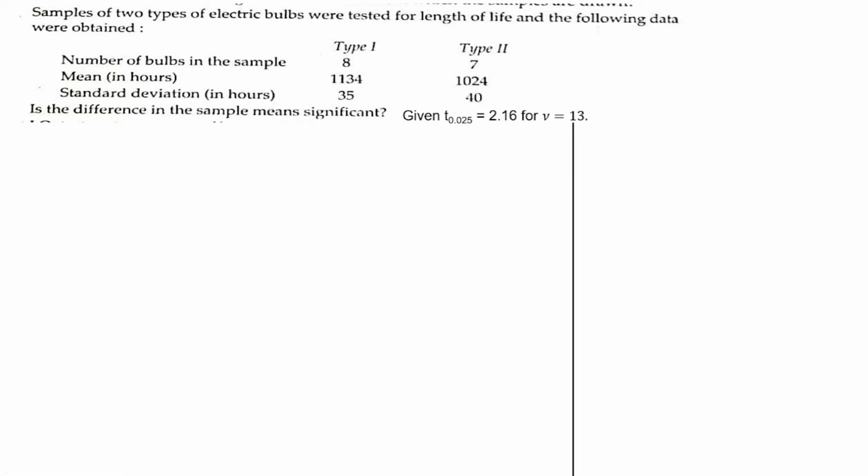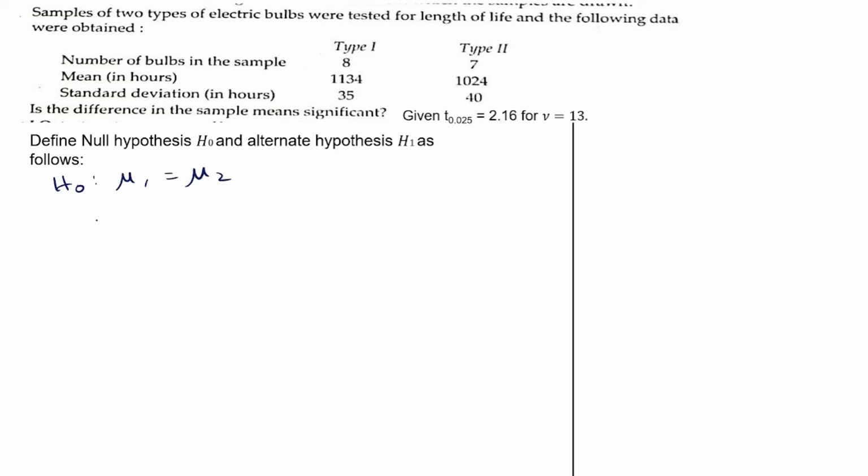So here we have to test whether the sample means are significant. Let us define the null hypothesis H0 and alternate hypothesis H1 as follows. H0 is mu1 equal to mu2, that is, there is no significant difference between the means, and the alternate hypothesis is mu1 not equal to mu2.